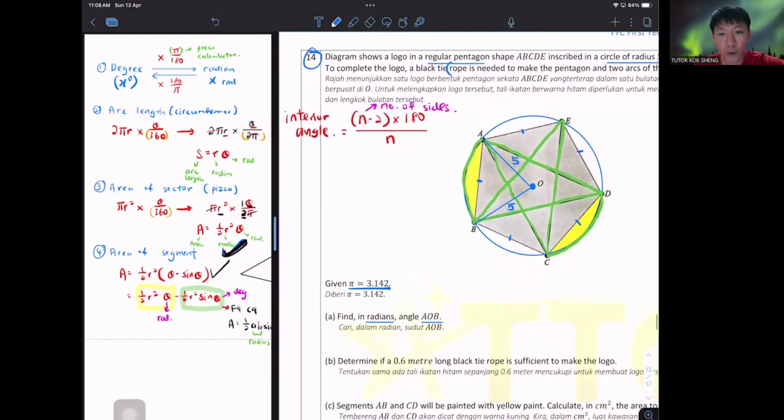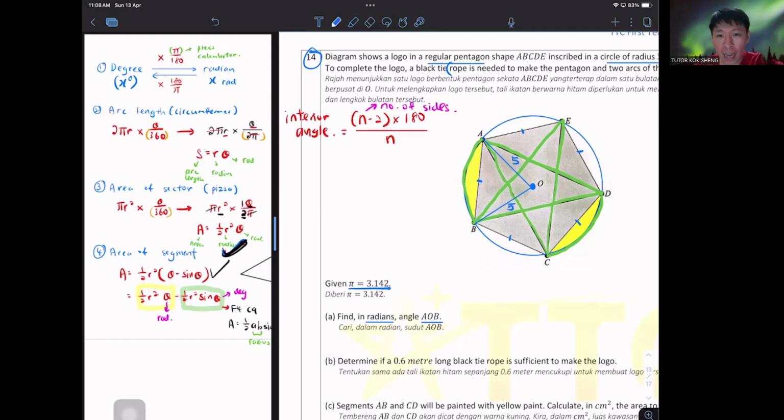Yes, only 1 mark. Need to know how to find this angle. And there's actually no working to show. You need to show the working on converting the degree to radian. Yeah, because only 1 mark.